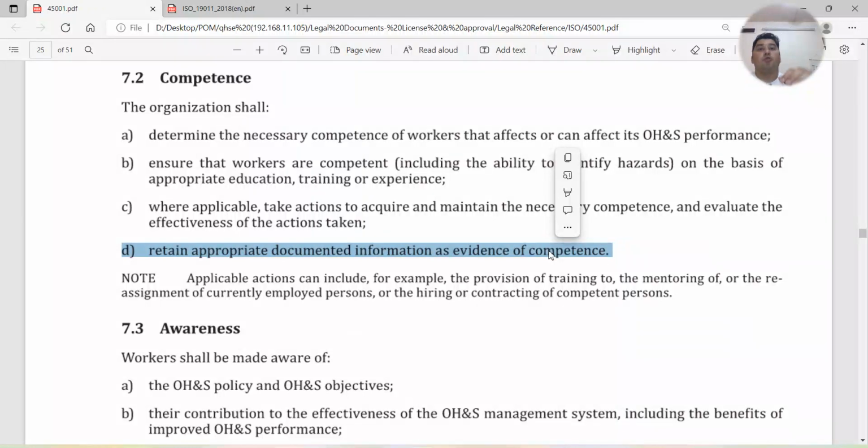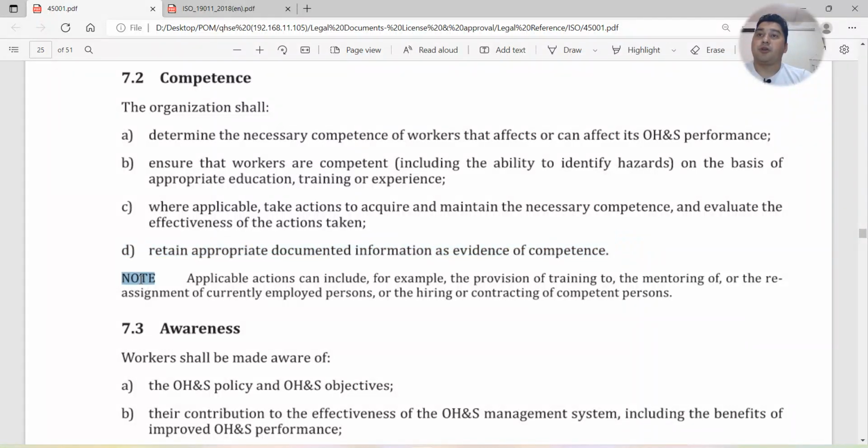When you are recruiting an employee, you need to decide how competent they are. Their experience, training, and education all need to be maintained as a file with HR, the HSE officer, or any safety department. As per those records, you have to evaluate their competency and decide the training that they require.